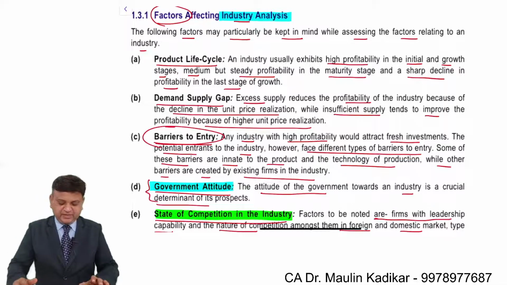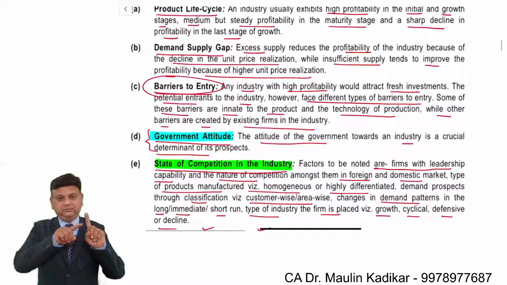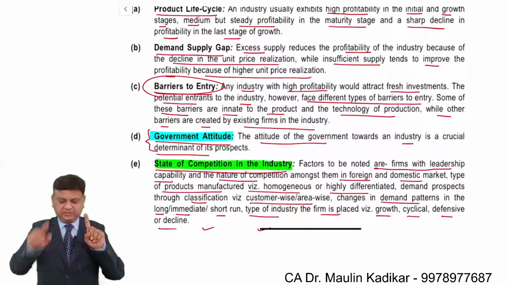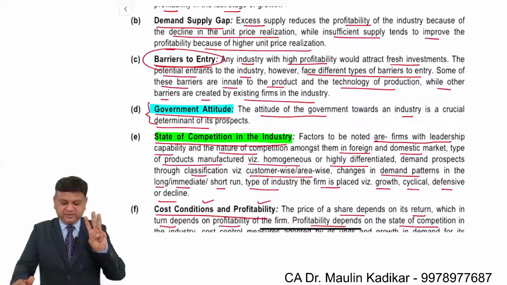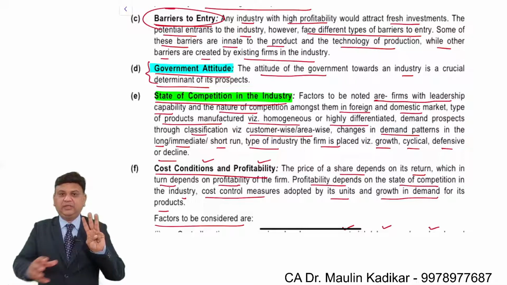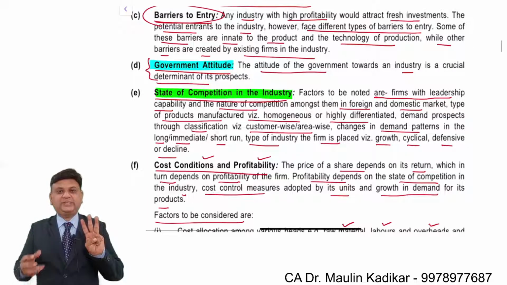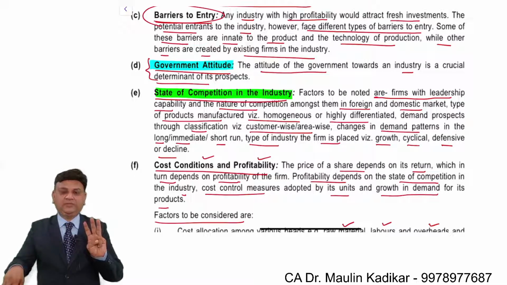So the factors affecting the industry analysis are, one, product life cycle, initial growth, maturity, something like that. Demand supply gap. Demand is more, then there are good chances for you to have good return, and vice versa. Barriers to the entry, maybe through the licenses or maybe the competition of the industry. If you want to establish a company which provides mobile network, so you want to enter into that line of business.